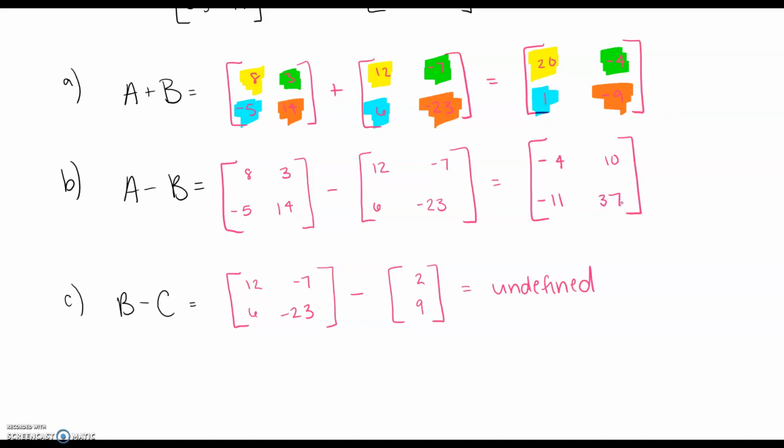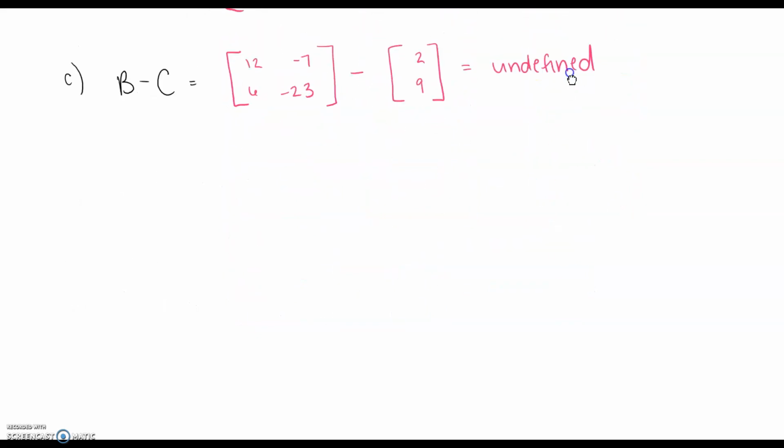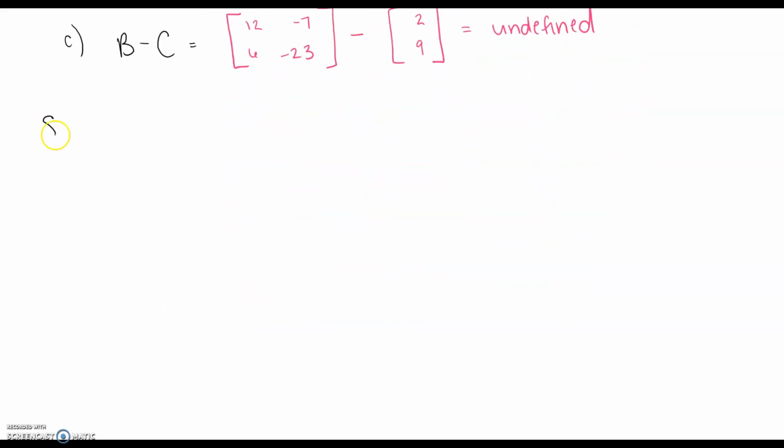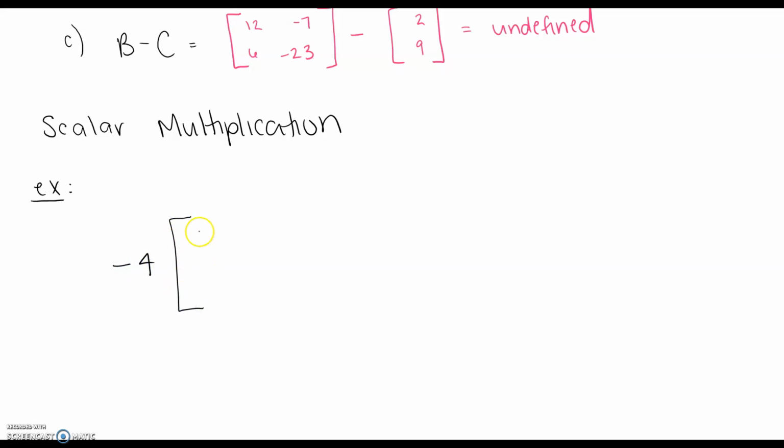Okay, so that's it. We've got one more thing super fast, and I'm not even going to do it. You try. It's just called scalar multiplication. Essentially, scalar multiplication is just taking one number, like negative 4, and multiplying it by a matrix.